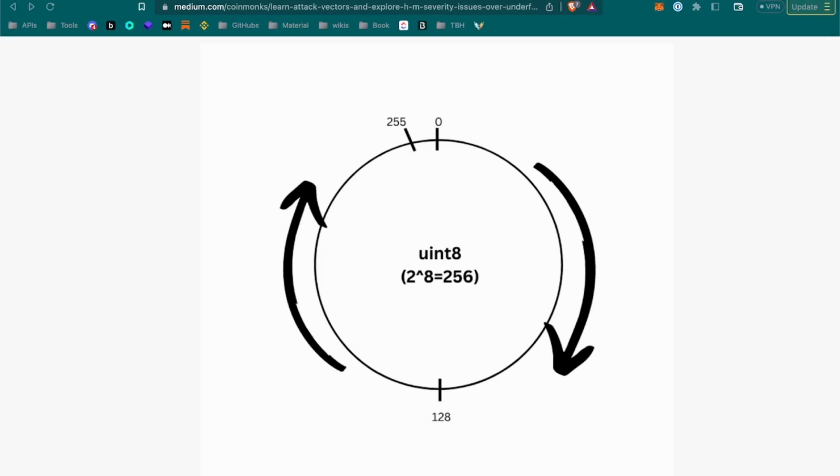Now, this applies, of course, to all uint sizes, so it's not because it's a uint8 that it's different. If it were uint256, it would work the same way.